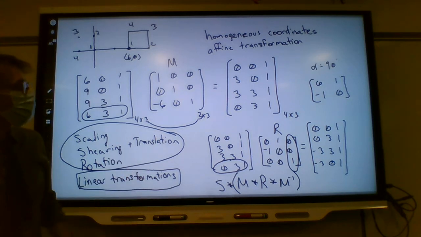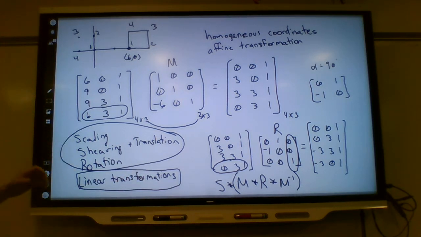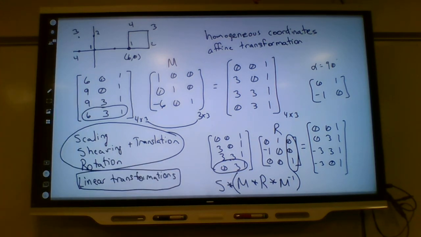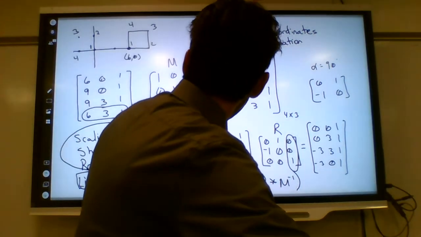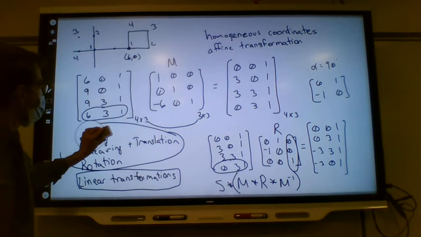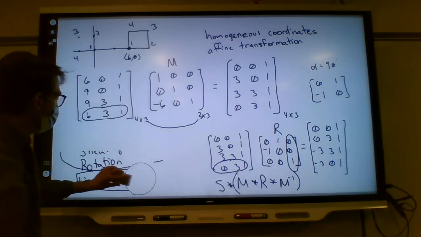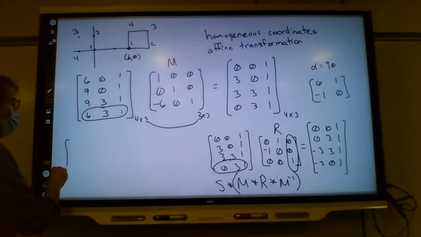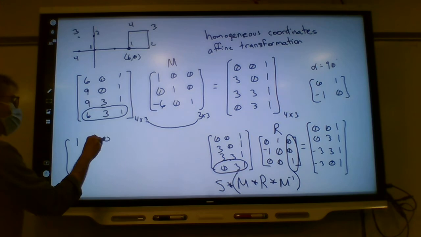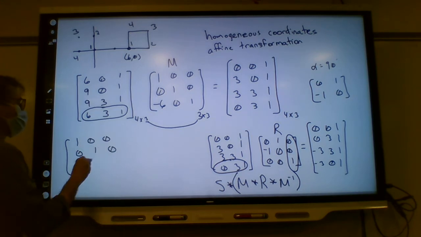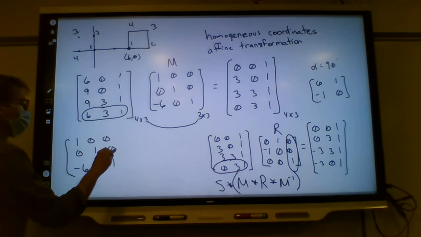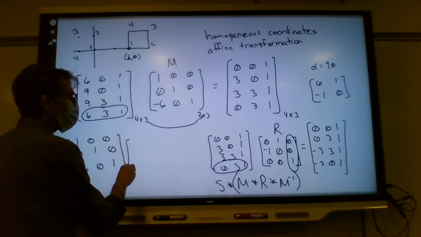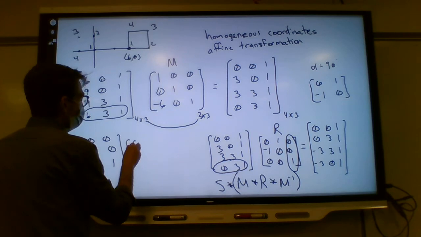All right, so what would this look like in this case? So if we take a look at all of our pieces, we have our matrix M. We have our matrix R in this case, which is the 90-degree rotation.